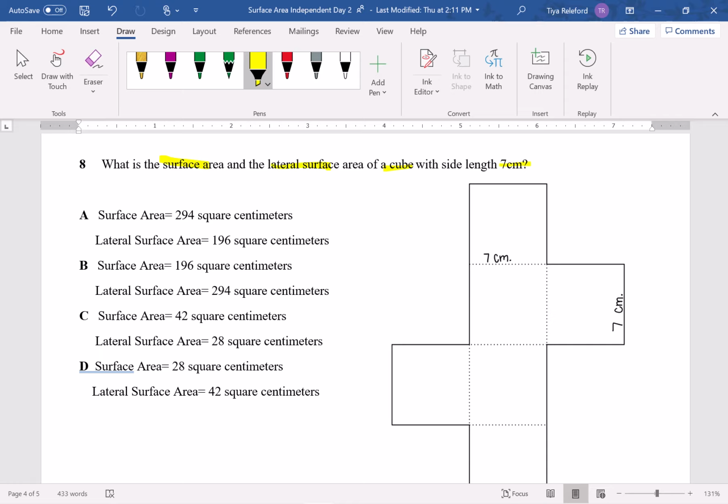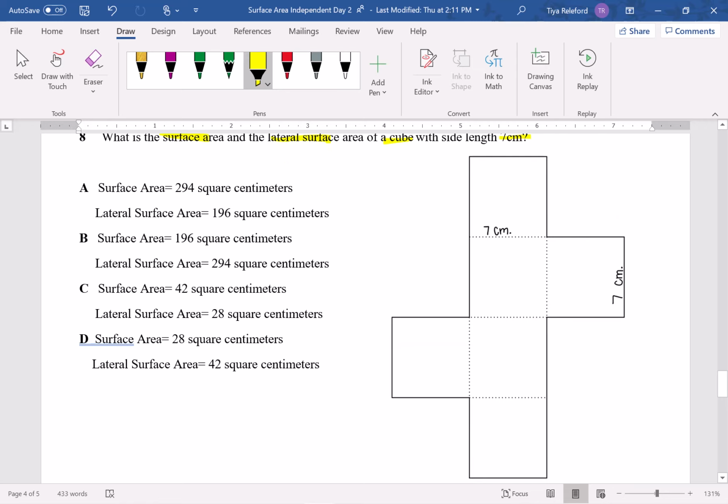Just knowing that, surface area is greater than lateral surface area all the time. Cross off anything that is not true. You can get rid of 2 answer choices right now. Now you have 2 answer choices left. And it's going to get really obvious really fast which one's right.